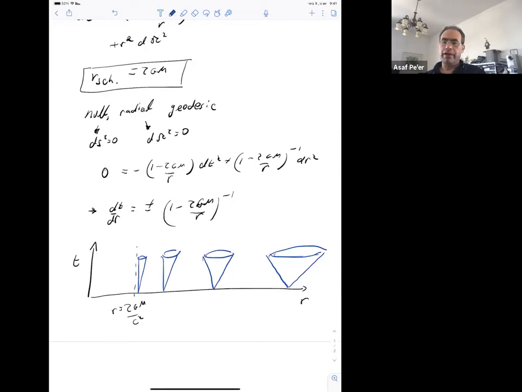Which means that in these coordinates, an observer will never be able to reach this special radius in a finite time. It's going to take an infinite amount of time to reach it, which is indeed true from the point of view of an observer that sits at infinity. If an astronaut decides to travel inside a black hole, and the astronaut signals to the observer at the spaceship, what's going on there, what am I seeing, I'm fine.